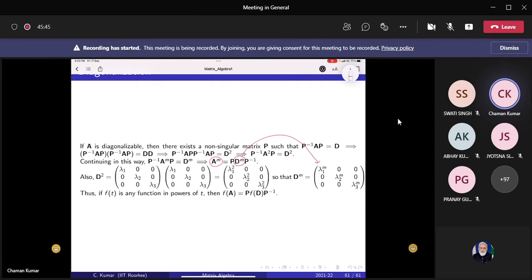D raised to M is this matrix, which is constructed with the help of the eigenvalues of the matrix A.